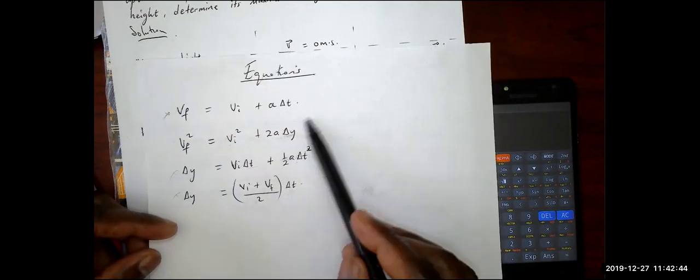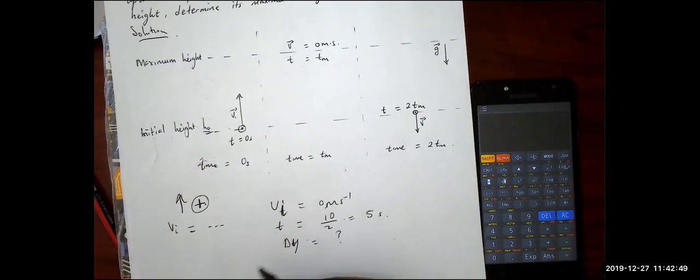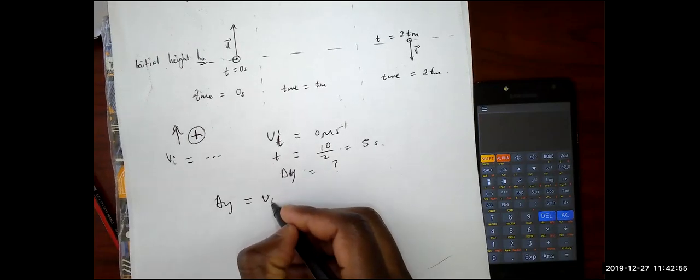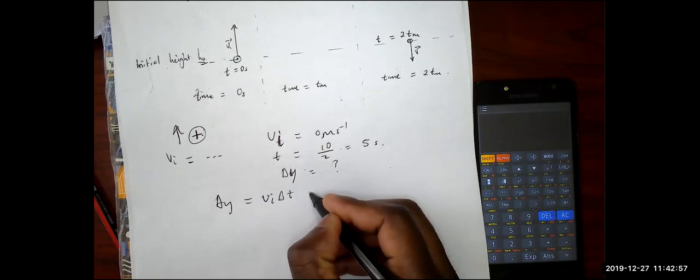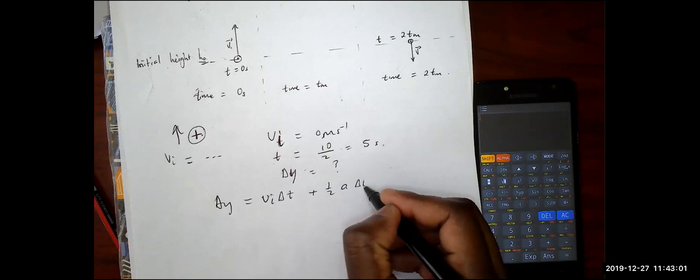So our change in y is equal to v initial times change in time plus half a times change in time squared.